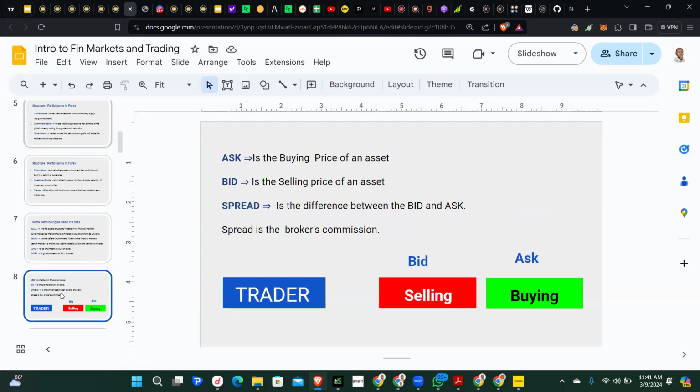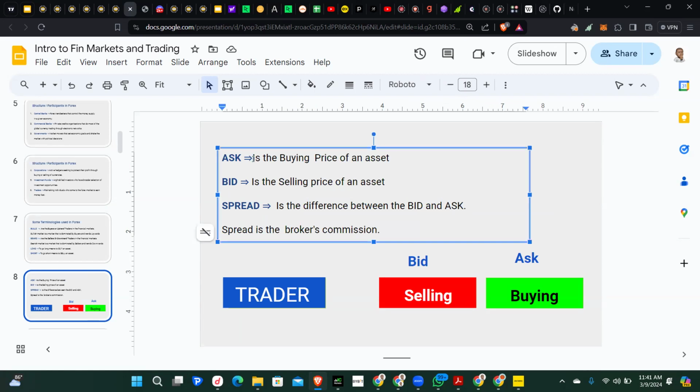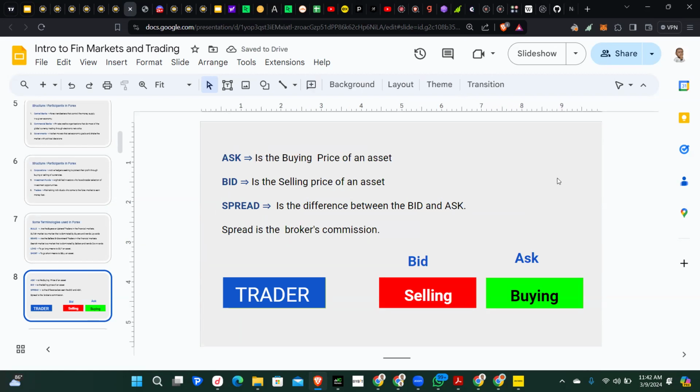Then we have what we call the ask. So ask is the buying price of an asset. We also have what we call the bid. So the bid is the selling price of an asset. Now, if you are someone who is into real estate like me, you might have seen some adverts. They will tell you that the asking price of this particular asset is so and so million.